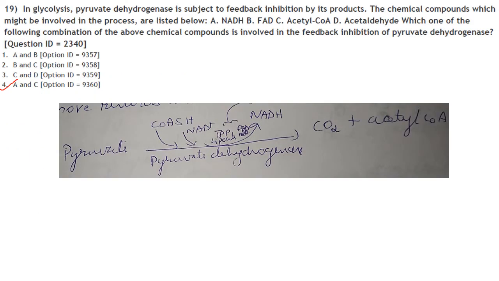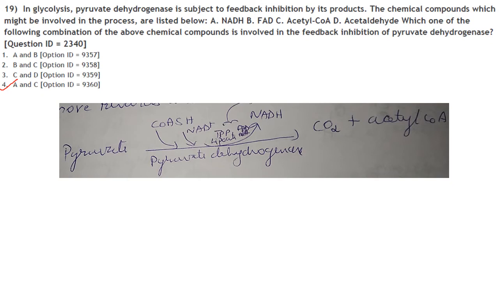Then next one. In glycolysis, pyruvate dehydrogenase is subjected to feedback inhibition by its products. The chemical compounds which might be involved in the process are listed below: NADH, FAD, acetyl-CoA, acetaldehyde. Which one of the following combinations of the above chemical compounds is involved in the feedback inhibition of pyruvate dehydrogenase?